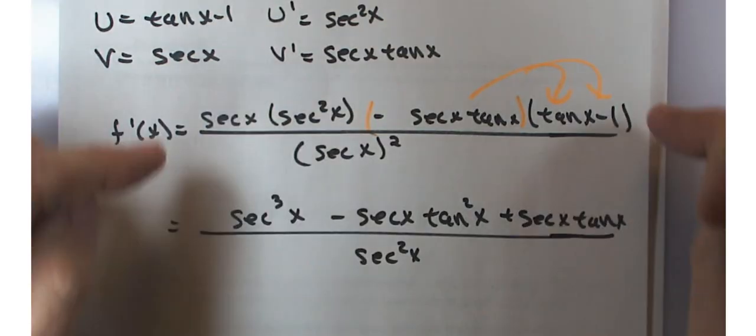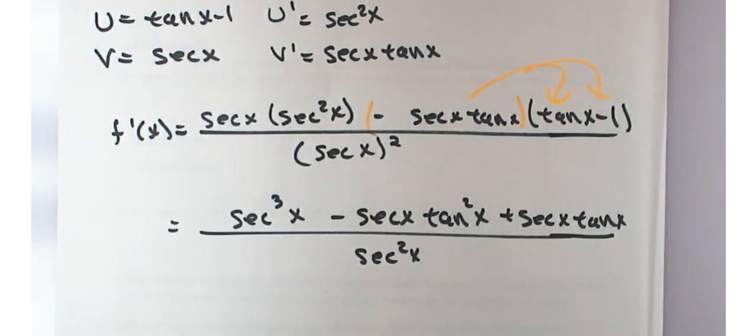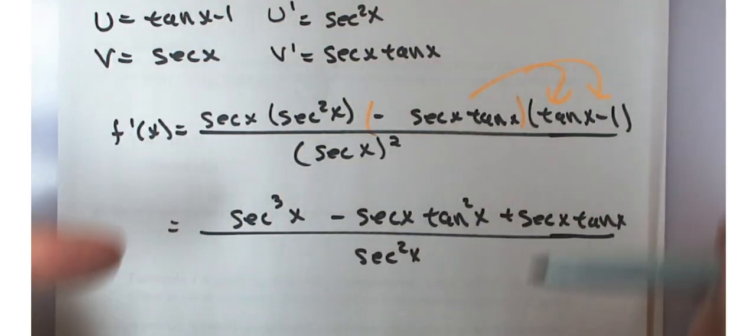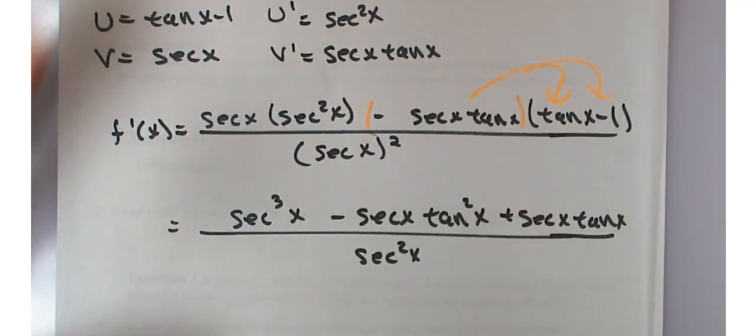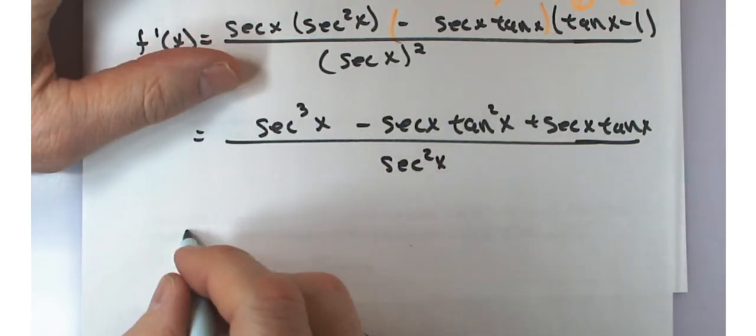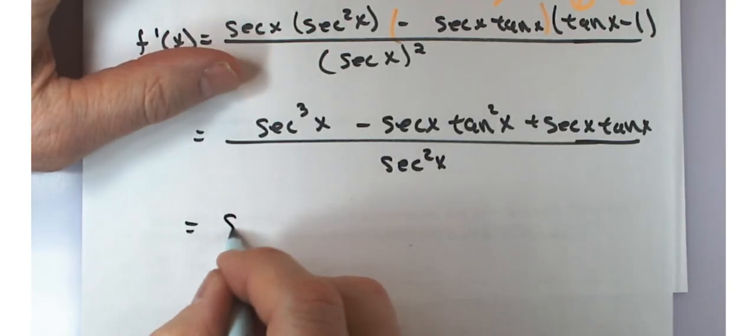Let me pause for a second. Make sure you're still with me. Did anything go a little too fast that you'd like explained a little bit more? Good on all that? Is there anything common in the numerator? Yeah, a secant. So let me take out a secant of x.